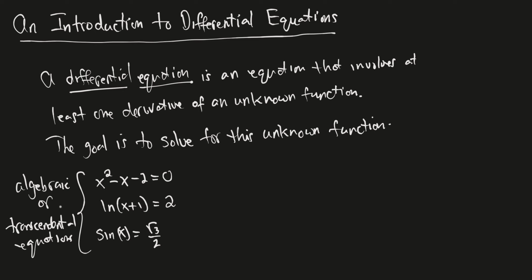But the one thing that they have in common is that all these equations, when solved, produce real numbers, or I should say just numbers in general. So the solution of all of these is some set of numbers.